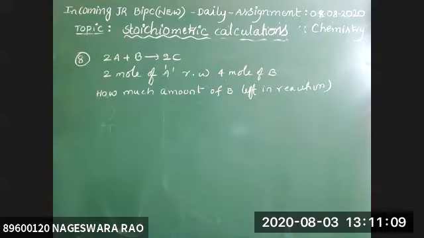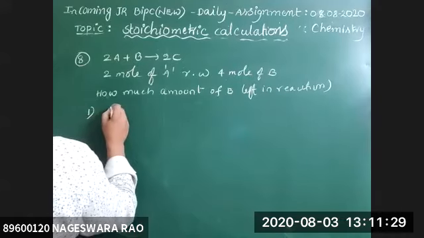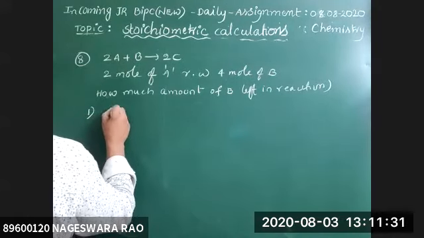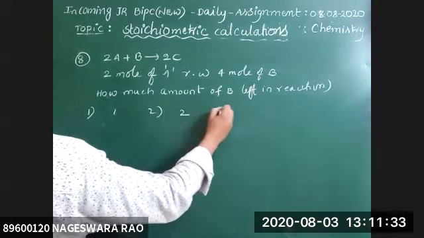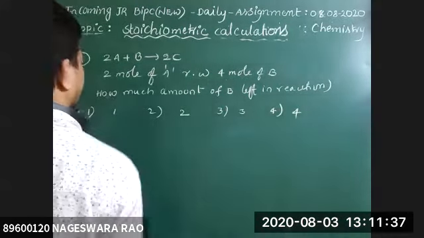That is the excess reagent. 2A plus B gives rise to 2C. 2 moles of A react with 4 moles of B. How much amount of B is left in the reaction, in moles? Options: 1 mole, 2 moles, 3 moles, 4 moles.